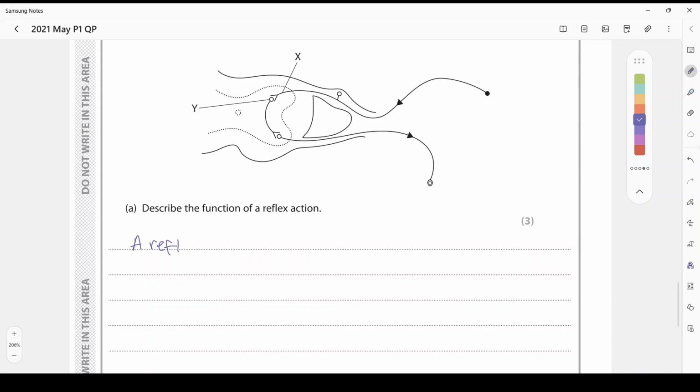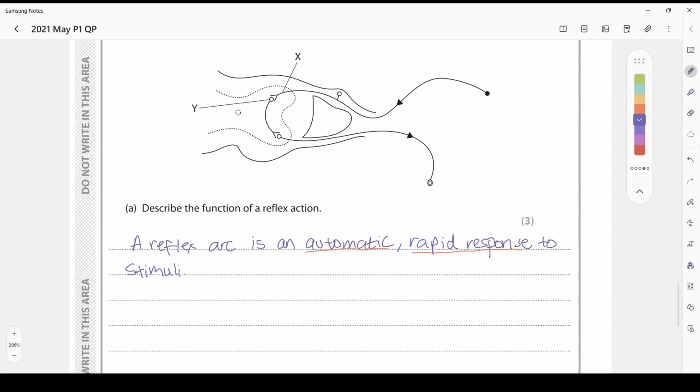A reflex arc is an automatic rapid response to stimuli. So that's actually 2 marks, one for mentioning automatic and the other one is rapid response.